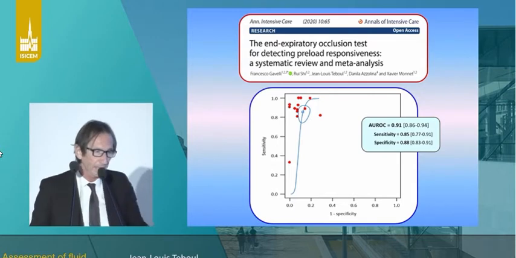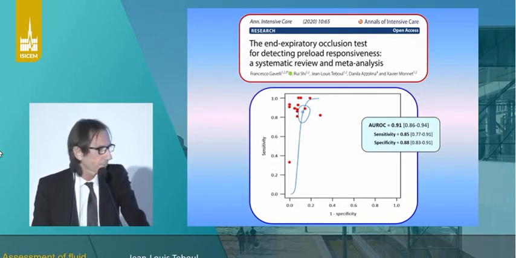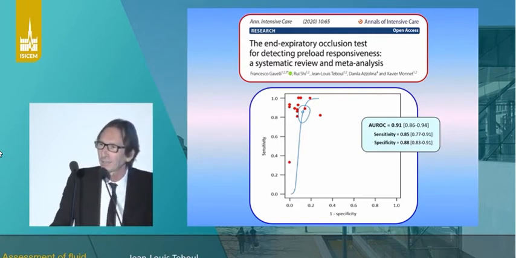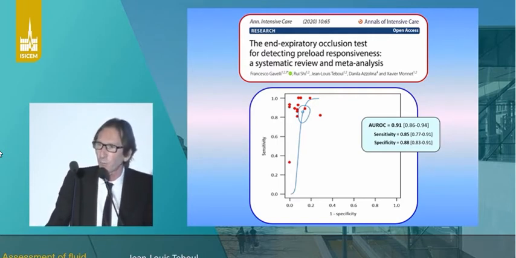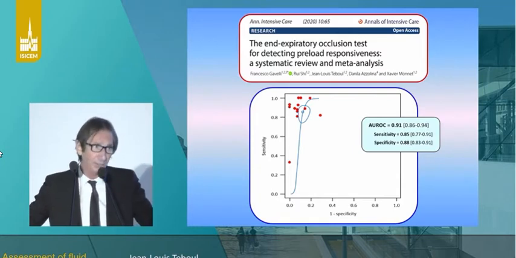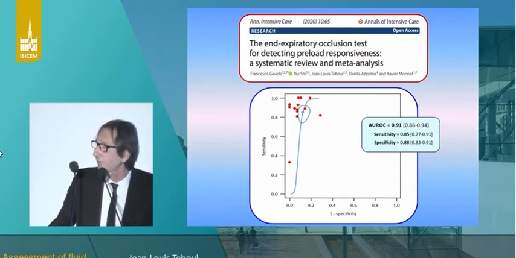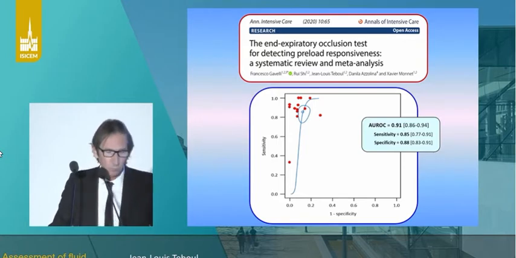This is a meta-analysis with Francesco Gavelli and Dr. Ruishi and Xavier Monet and others, where we included 13 studies that all address the issue of fluid responsiveness using the end-expiratory occlusion test, and we found good results.